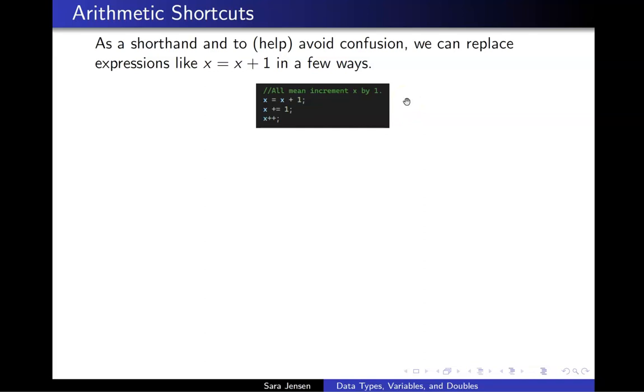However, because it can read so awkwardly, there are 2 alternative notations that you can use in C++ to accomplish the same thing. The first is to say x plus equals 1. This is a shorthand for x is assigned a value of x plus 1. And similarly in C++, you can increment by 1 by simply typing x plus plus.